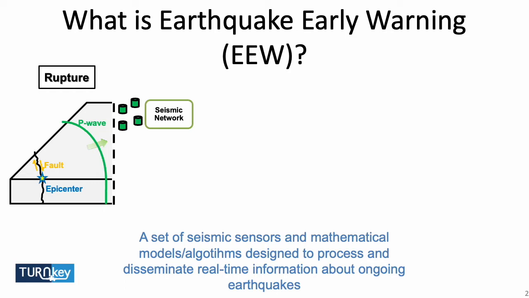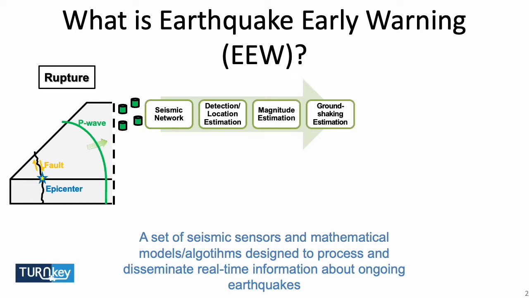And these seismic sensors detect the incoming P waves, and then a series of algorithms are used to take the P wave information and translate that information into predicted characteristics about the ongoing earthquake, such as its location, its magnitude, and then in turn, we can use, for instance, ground motion models to determine the predicted ground shaking intensity associated with the incoming earthquake in space. So this is what we would call a network or a regional earthquake early warning system.